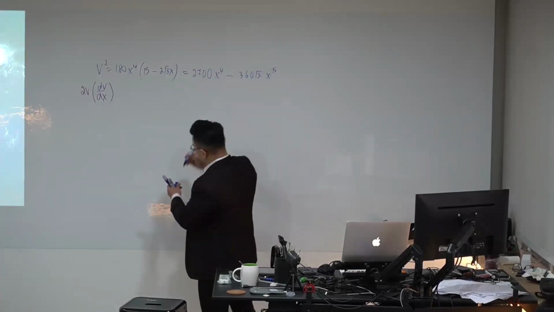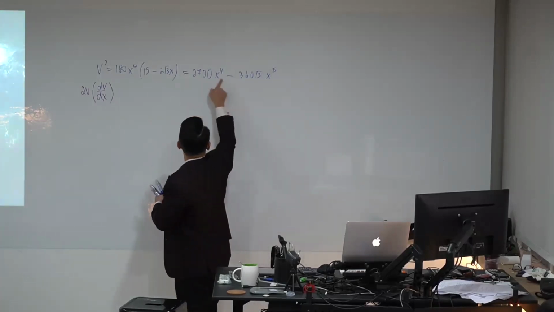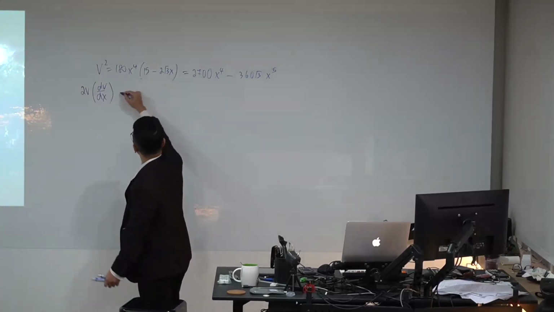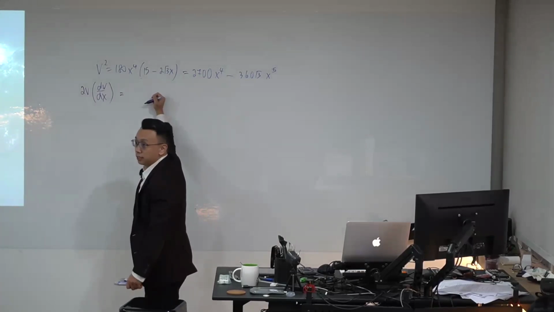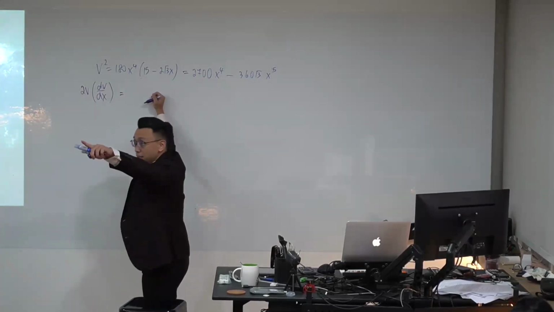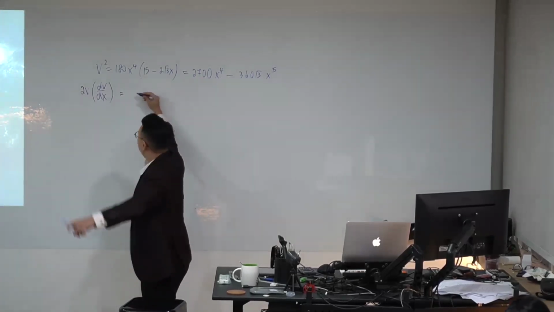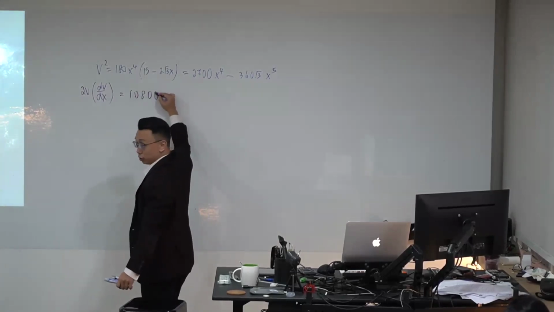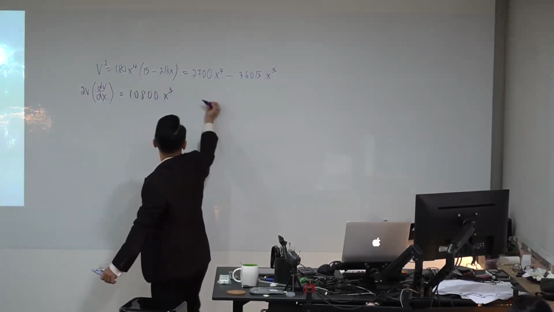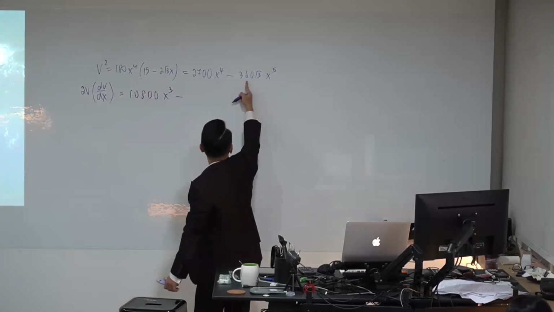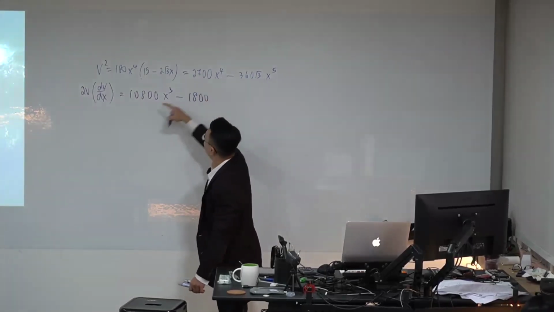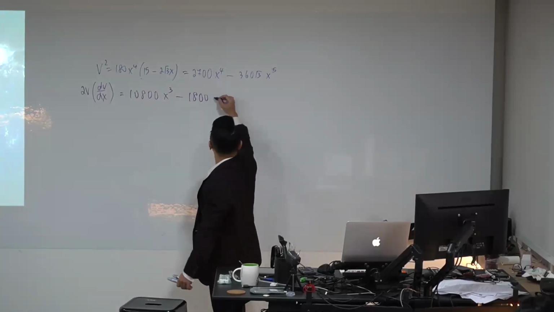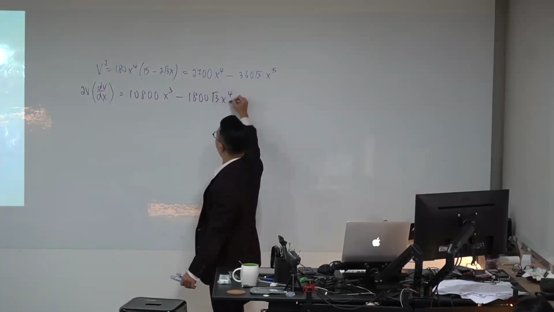Now if we differentiate this, 2700 times 4 is how much? 10800 x cubed. Minus 360 times 5, again 1800 root 3 x to the power 4.